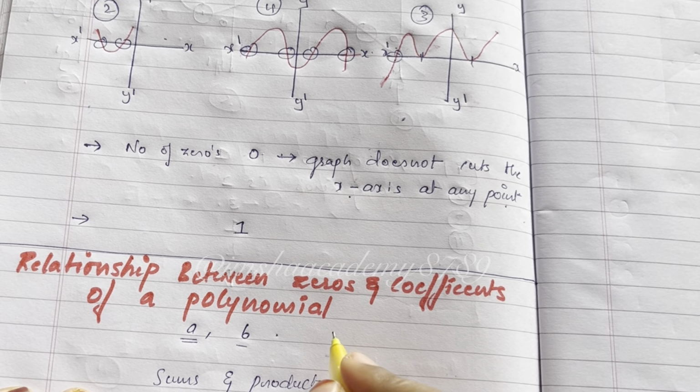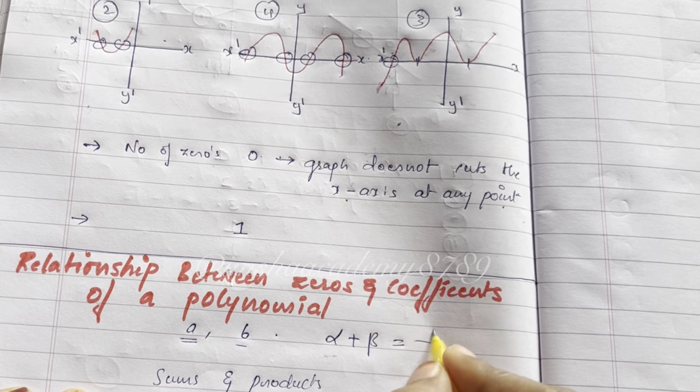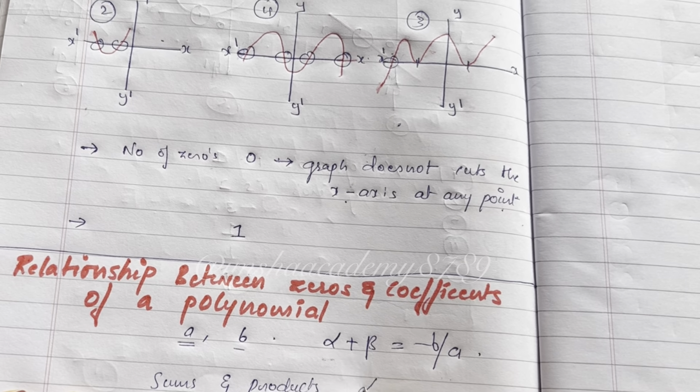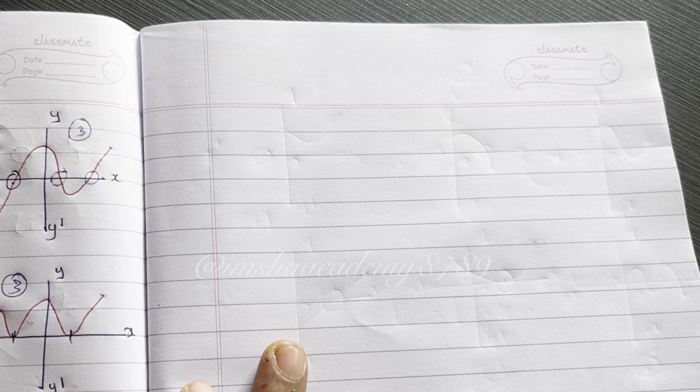They have taken two variables: alpha plus beta is equal to minus b by a, and alpha beta is equal to c by a. So when we solve the first example, you will understand it clearly.